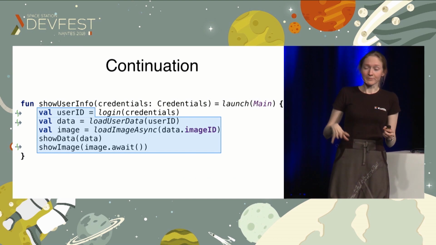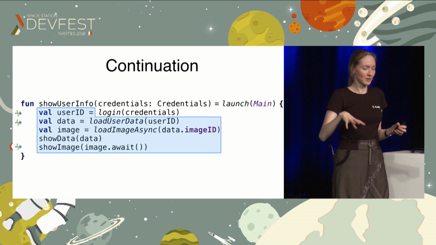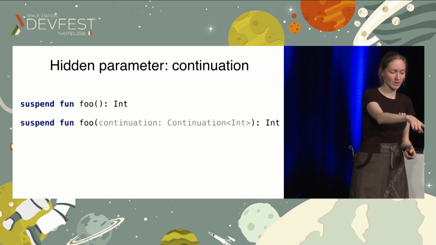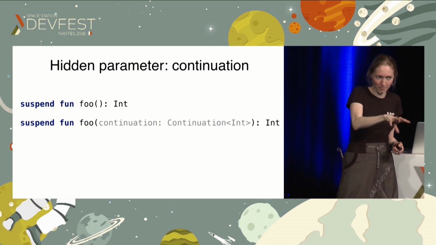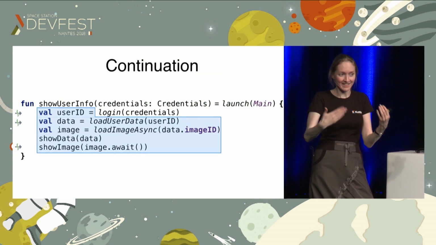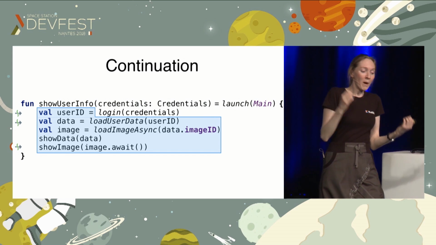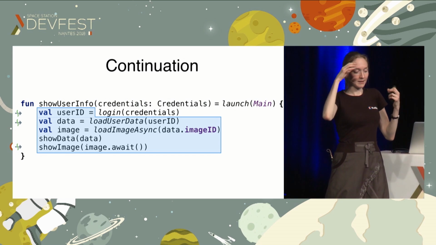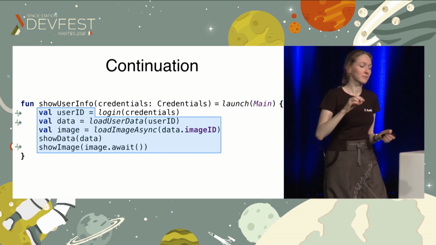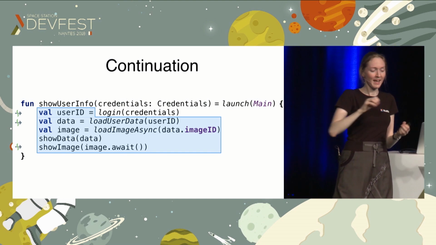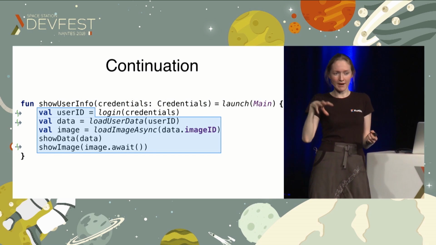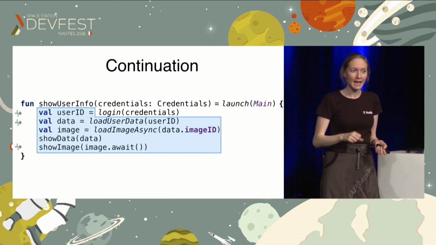And what is this continuation? I showed you that we have a hidden continuation parameter. When we suspend a function, for instance in this example the first line, login, is my first suspension point.